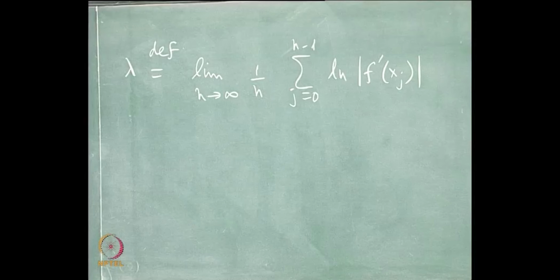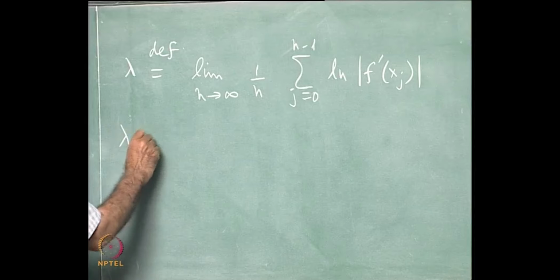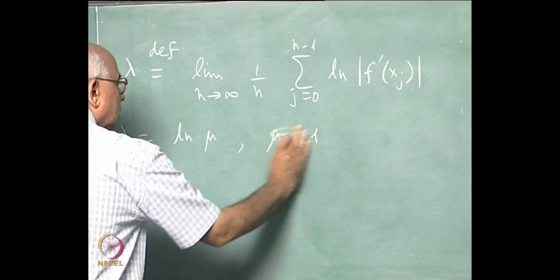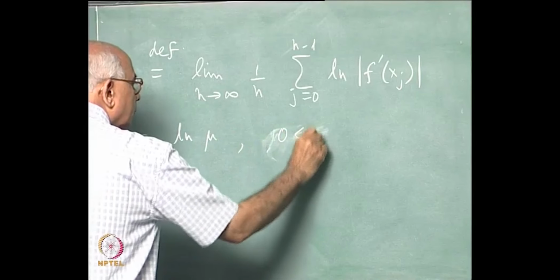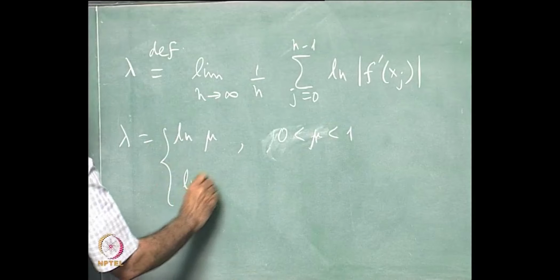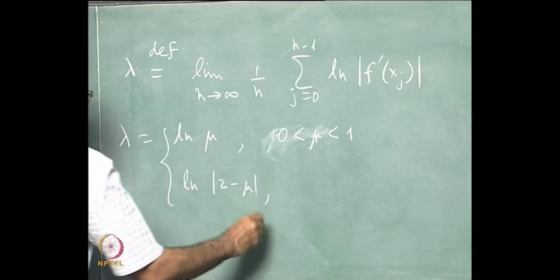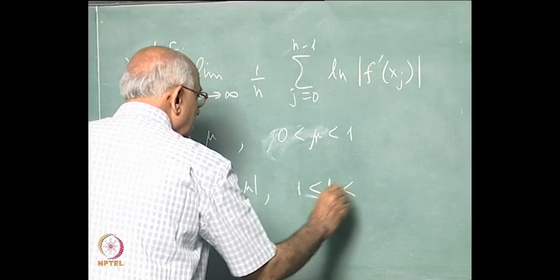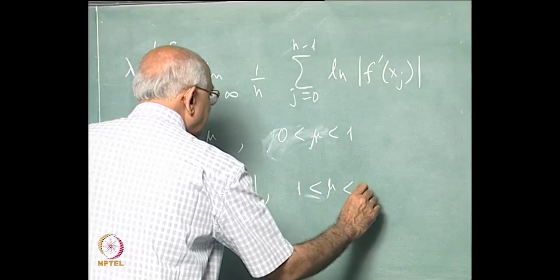So let us write this down, lambda for the logistic map equal to log mu for 0 less than mu less than 1, it is equal to log mod 2 minus mu again for 1 less than mu less than 3.